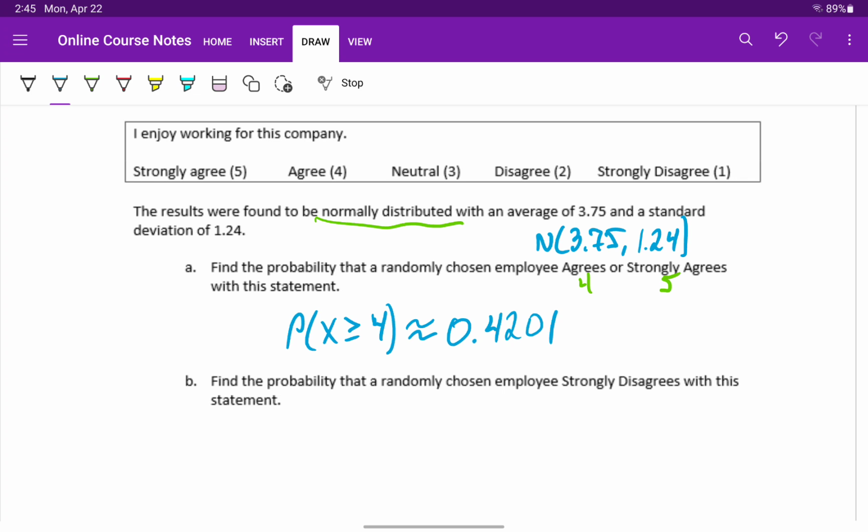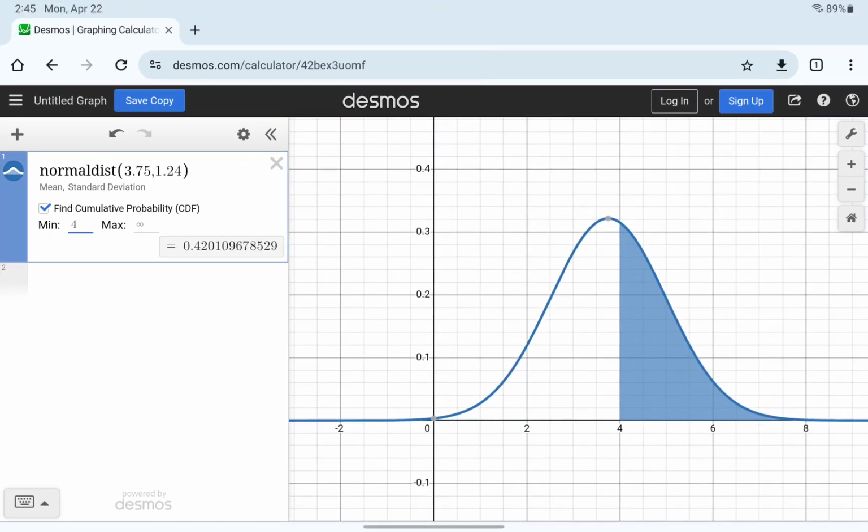In part B, we want to find the probability that a randomly chosen employee strongly disagrees with this statement. That would be the probability that x is less than or equal to 1. So we would change that max to be a 1, and we get a probability of 0.0133.